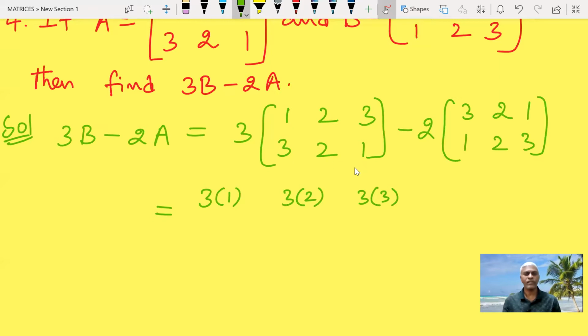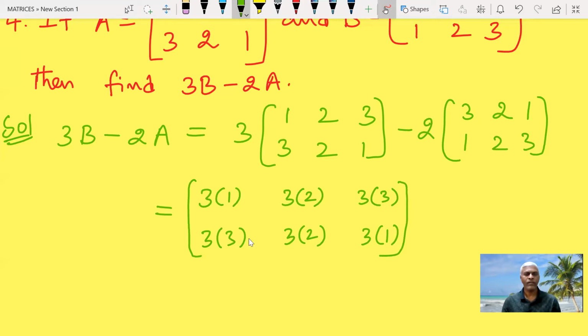Also in the second row, 3 into 3, 3 into 2, 3 into 1. So this is the multiplication of a matrix with a scalar, with a number.